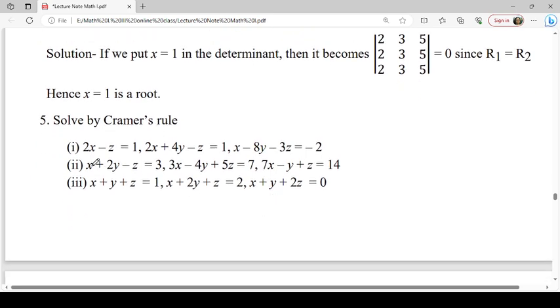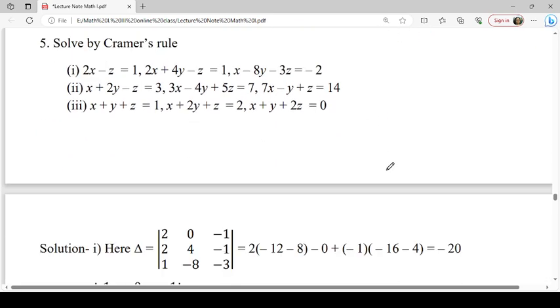Then these are solutions for Cramer's rule. So this is the equation. For this, 2x minus z means the coefficient of y is 0. So 2, 0, minus 1; the coefficient of z is minus 1. Then the second row is 2, 4, minus 1. The third row is 1, minus 8, minus 3.